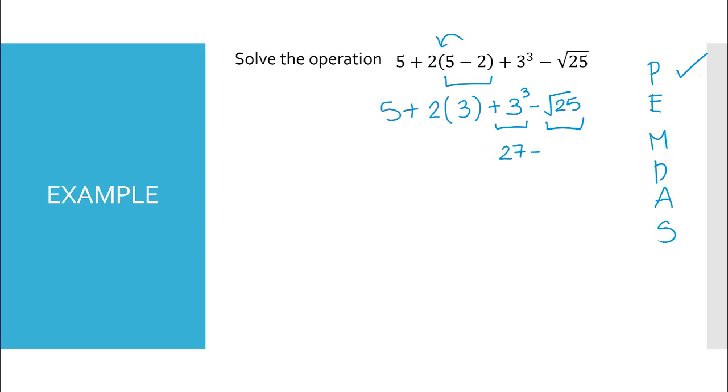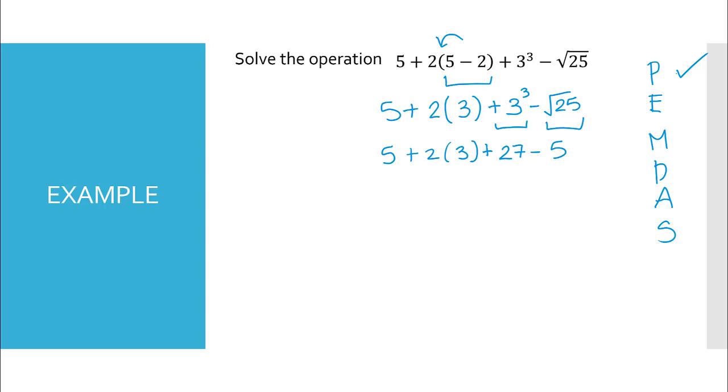And then minus the square root of 25 is 5, because 5 times 5 is 25. Okay, so now we have 5 plus 2 times 3 plus 27 minus 5.